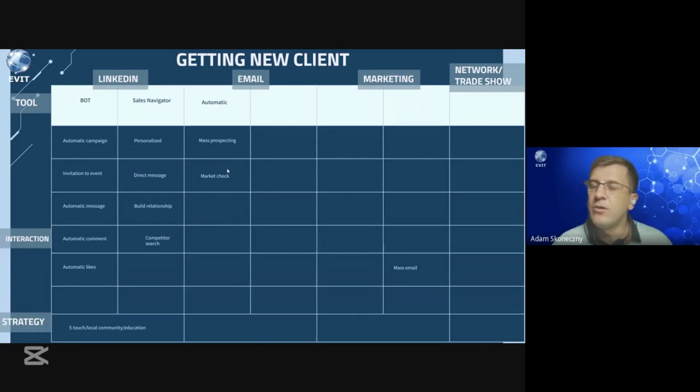So I highly recommend using an automation tool for market check. But again, don't send 10,000 emails, send 50, 100 max, and then look at the numbers. Test your different types of message. Again, testing. This is super important in prospecting and lead generation.